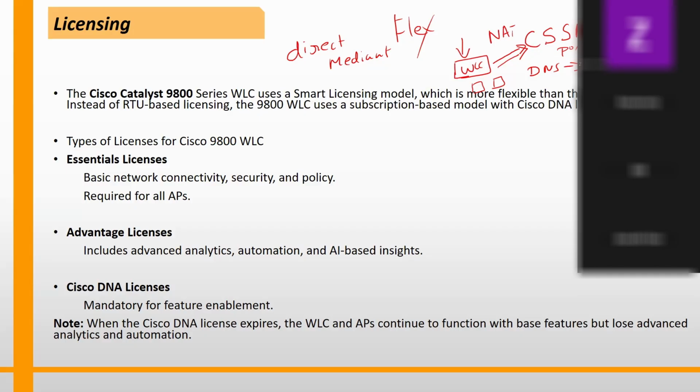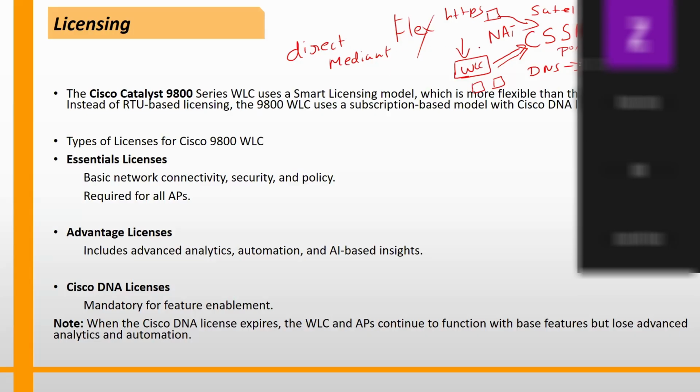Either it can contact it directly, or you can have one server in between that is going to proxy the usage to the CSSM. In this also you have multiple options. You can build and use your own HTTPS proxy server, or else Cisco provides satellite software that you can use, and it will send a periodic usage report to the CSSM.